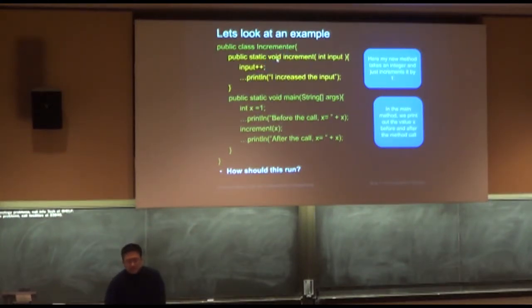So if you say that you will return an int, you must definitely return it. Okay, so if we made that change and we said, make this void into an int and then return input here and make no other changes, what would happen is that increment would return this value input plus plus, so 2. And because it's not assigned to anything, that value is discarded.